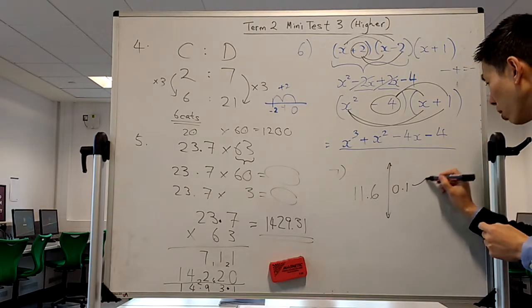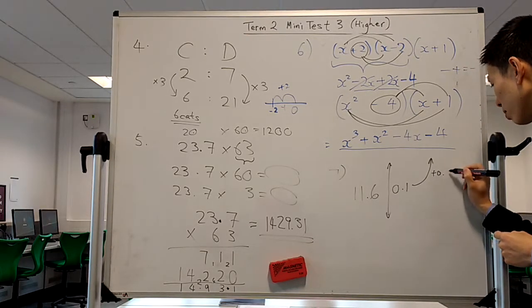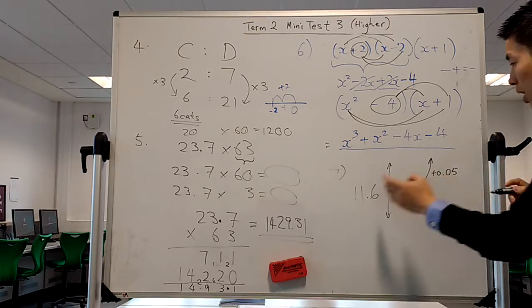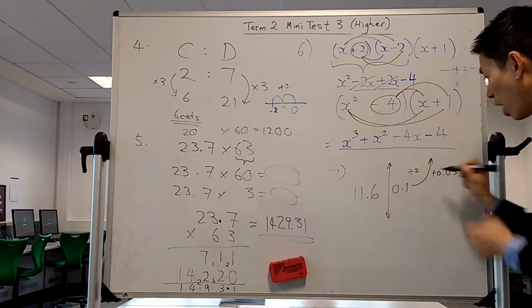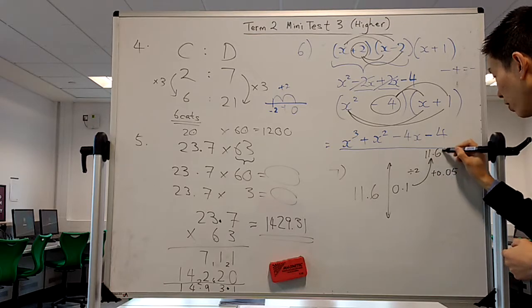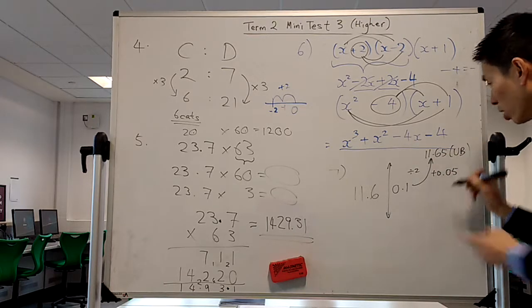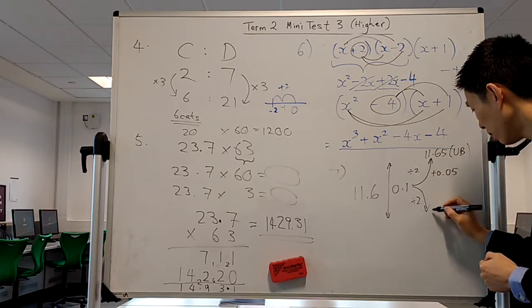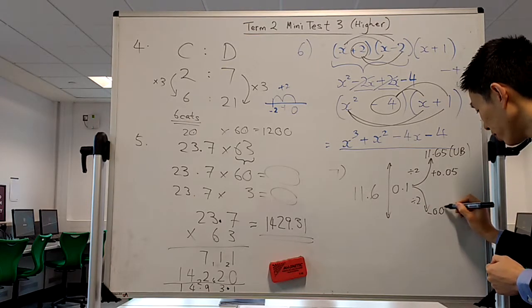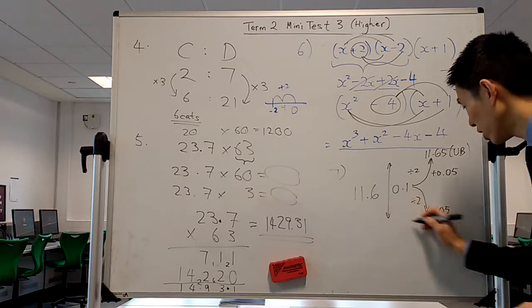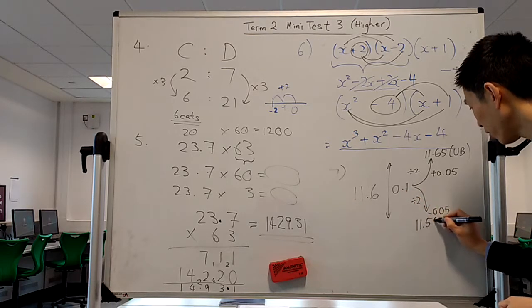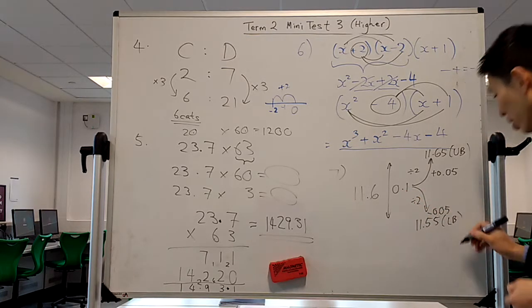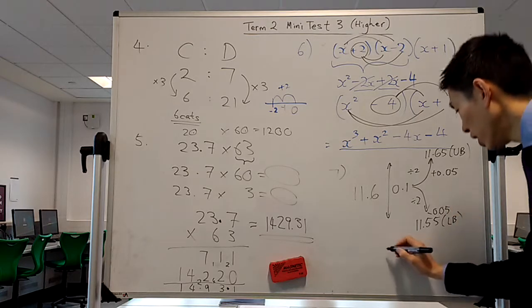So therefore, the upper bound is going to be half of that, 11.65, and the lower bound is going to be minus 0.05, so it's 11.55 for the lower bound.